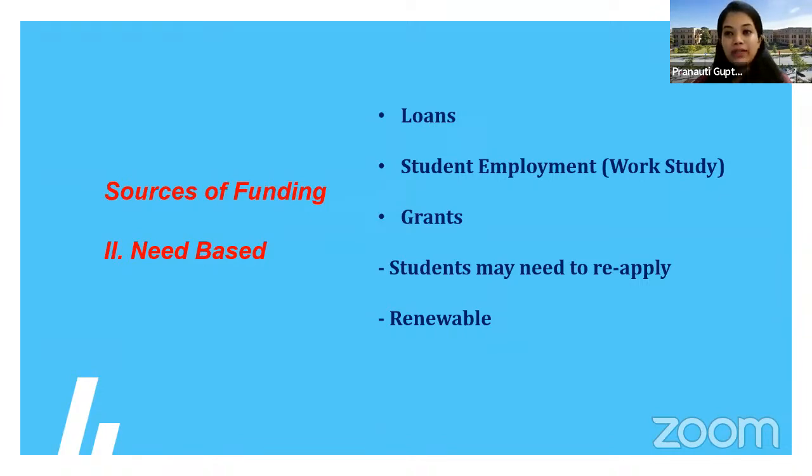Now, whenever we talk about these need-based fundings, the first thing that we look at is, is it need blind or is it need aware? To give you detail about what need blind is, whenever an admission policy is set, if it has a need blind policy, it does not consider the financial ability of the family when awarding the funds to this particular student.